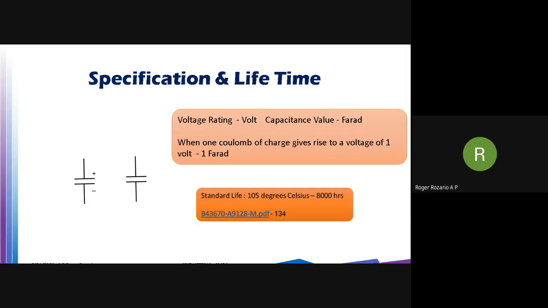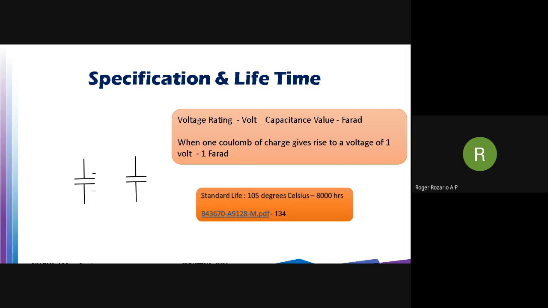And how can you specify capacitance? What is the specification of the capacitance? Specification of the capacitance basically is the voltage and the capacitance value. Voltage rating of the capacitor and capacitance value, which is specified in farads.